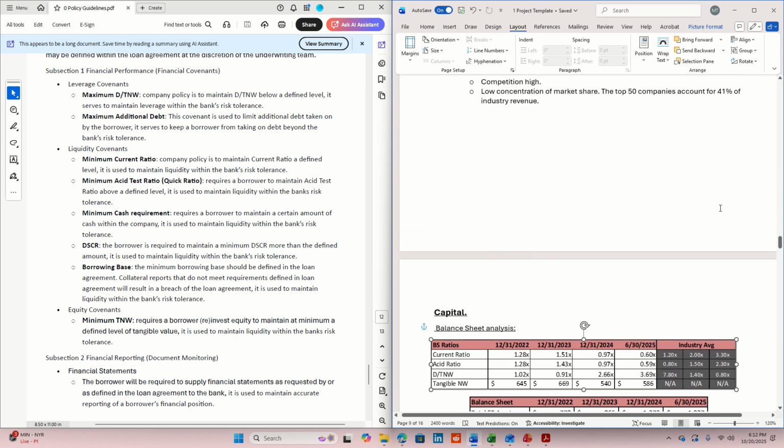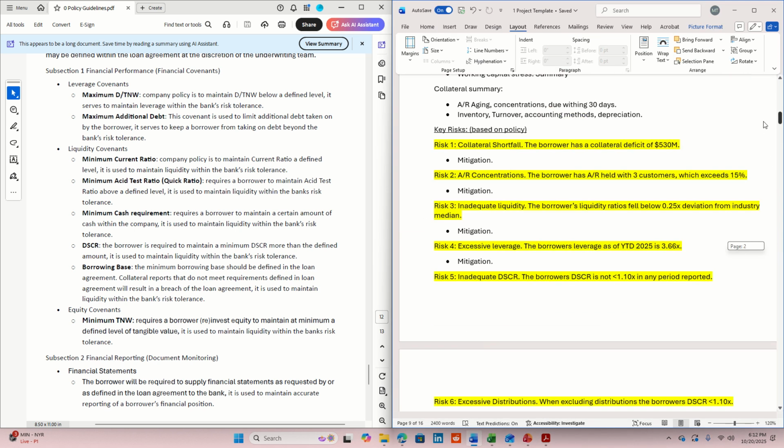So let's see what else my company broke our policy on. Collateral shortfall. The borrower has a collateral deficit of $530,000. So what this means is if they default, we're not going to be able to collect on around $530,000.